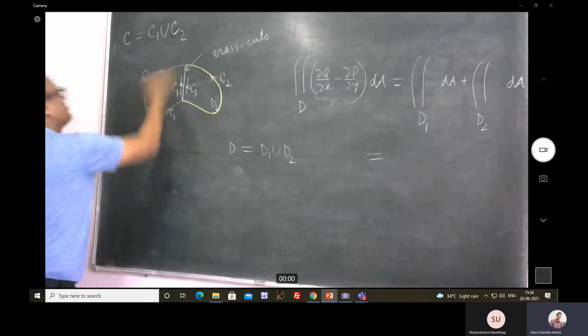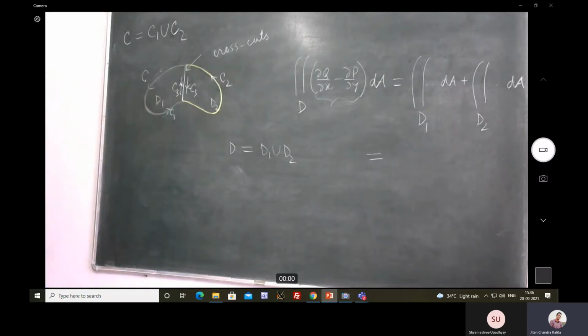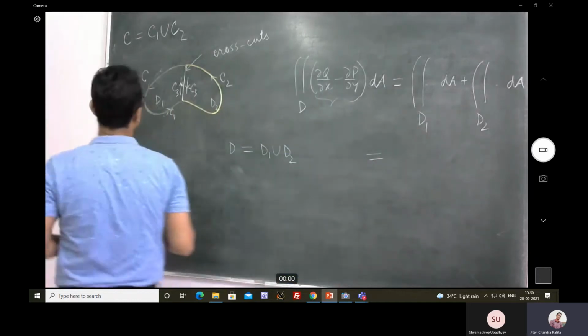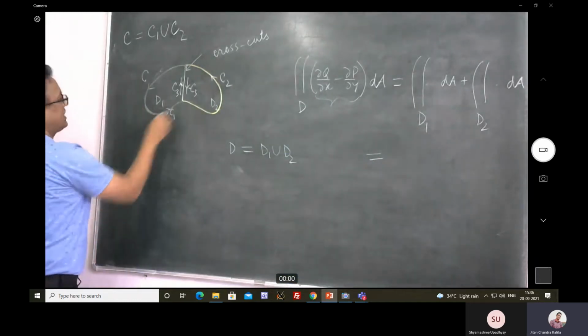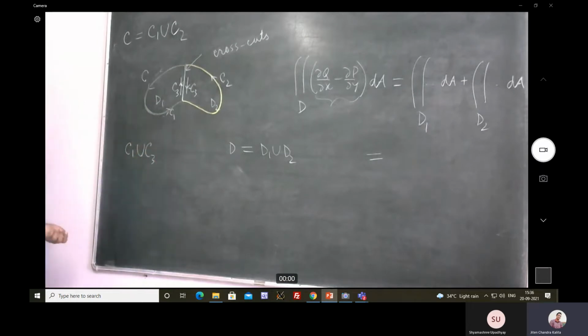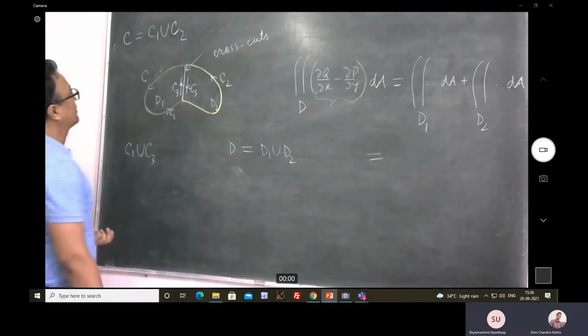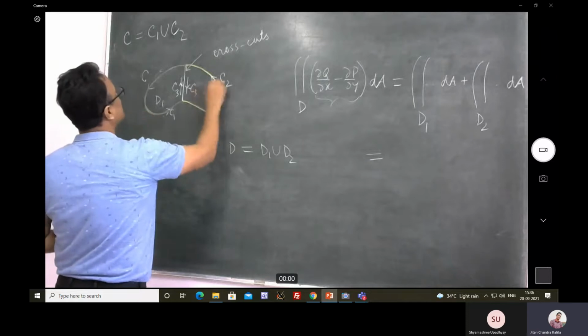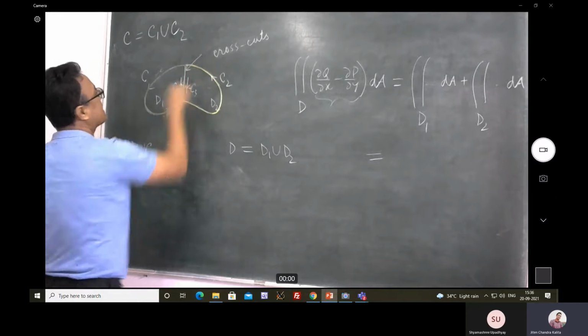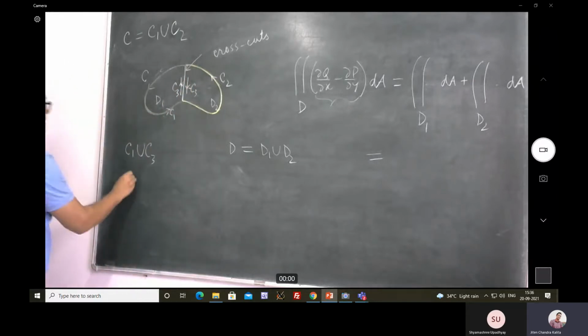For the first region, it is easier for me to explain things. Then you will see that D1 is bounded by the union of C1 and C3. Is it okay? And this region D2 is bounded by the curves C2 and minus C3. Is it okay?